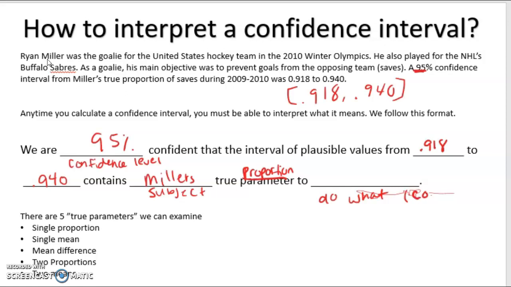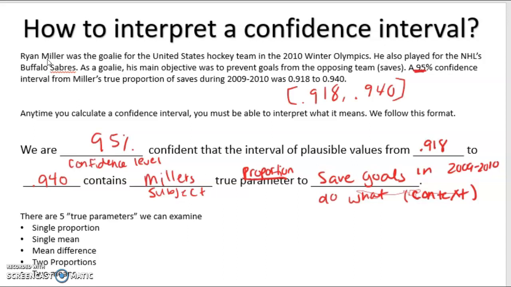The context of this one is to save goals in 2009, 2010. And you want to be as specific as possible whenever you interpret. So the entire thing as a whole: we're 95% confident that the interval of plausible values from 0.918 to 0.940 contains Miller's true proportion of saved goals in 2009 to 2010.